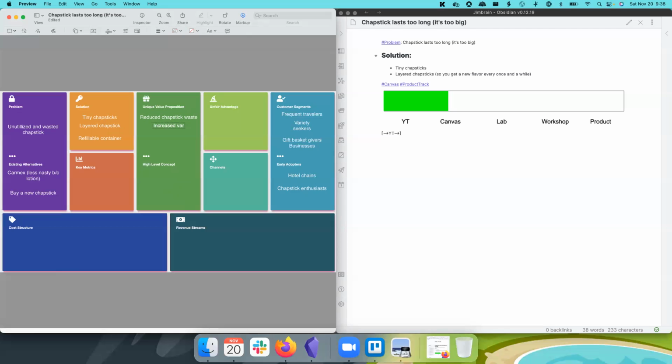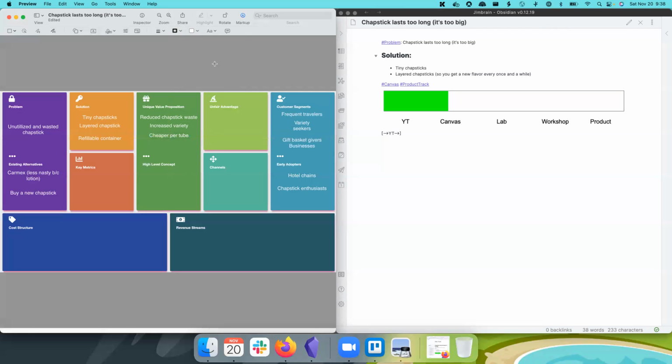Increased variety. I don't know if we have any other unique value propositions here. No, I don't really think so. Oh, I guess it's probably cheaper, right? Yes, cheaper per chapstick tube. Yeah, for hotels and all that.